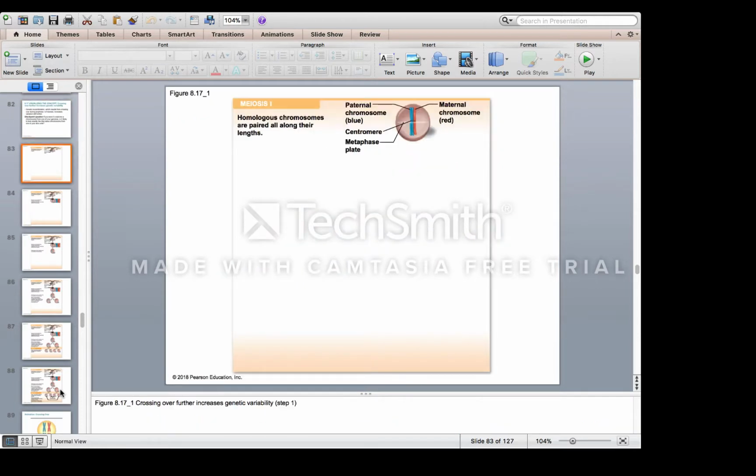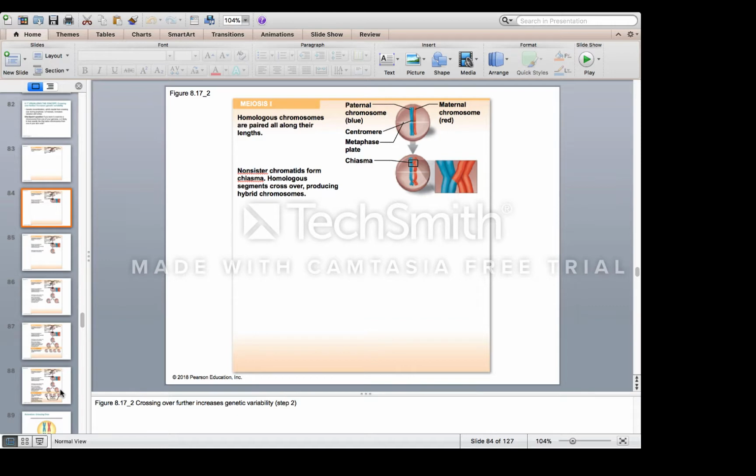Looking further at genetic variability, your paternal and maternal chromosomes, in blue and red, are paired up, and you see non-sister chromosomes forming that chiasma as they cross over just because they're standing next to each other. It's like intertwining someone's arms and creating a link. We're basically creating genetic diversity as we do that.